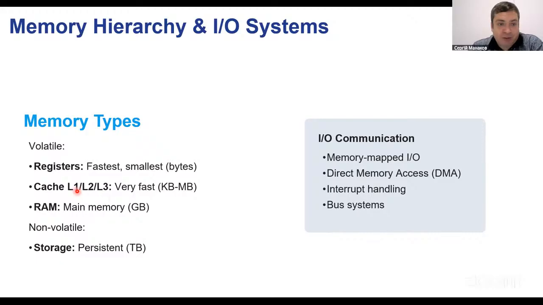It has layers, for example, level 1, level 2, and level 3, and it is very fast. It is measured in kilobytes or megabytes. Then we have RAM, random access memory, which is our main memory, and it is measured in gigabytes. And our storage devices like SSD or flash memory are non-volatile, and they are measured in terabytes.